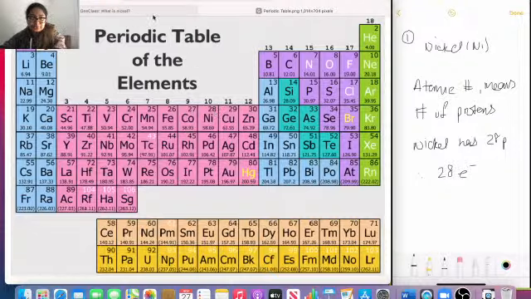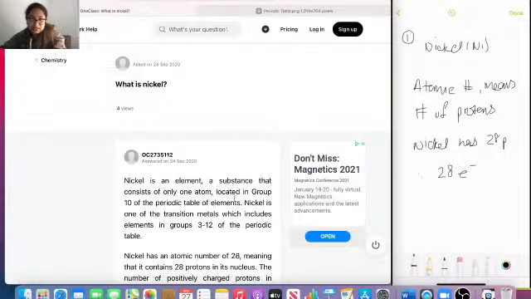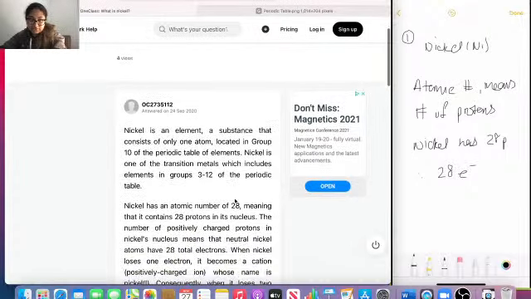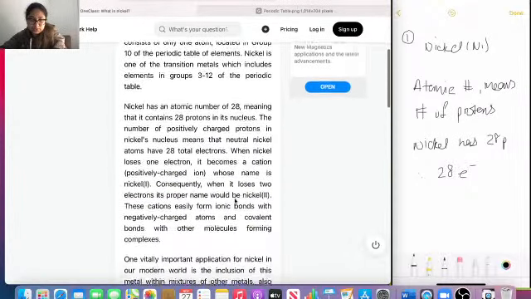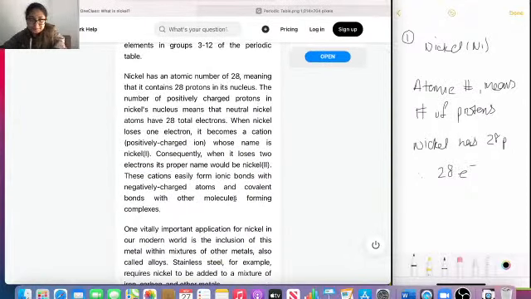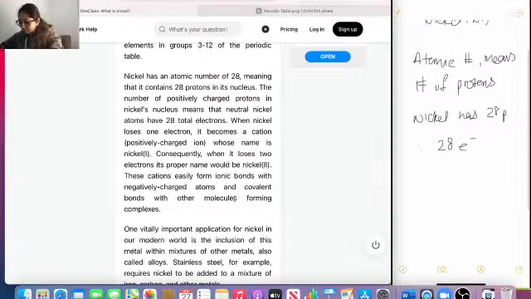So nickel is part of group 10. It has 28 protons and 28 electrons. It's one of those elements which can lose one electron, and it could also lose 2 electrons.